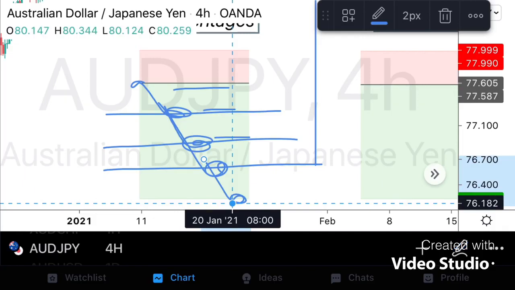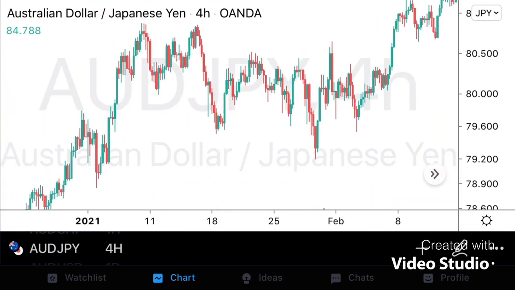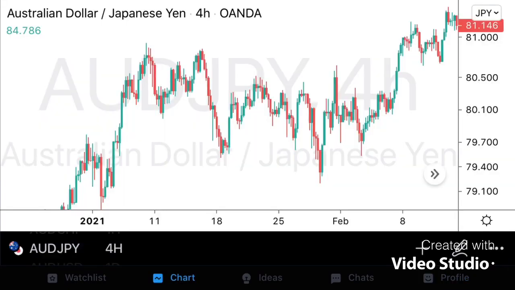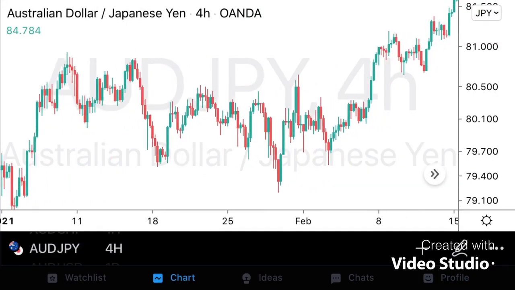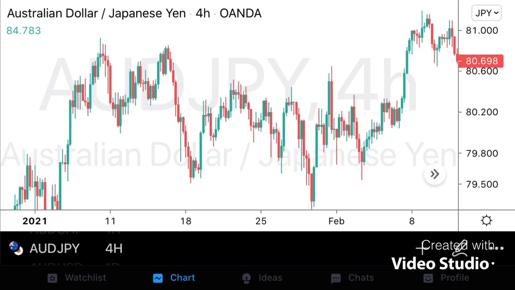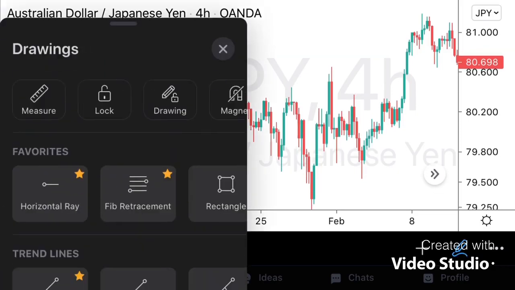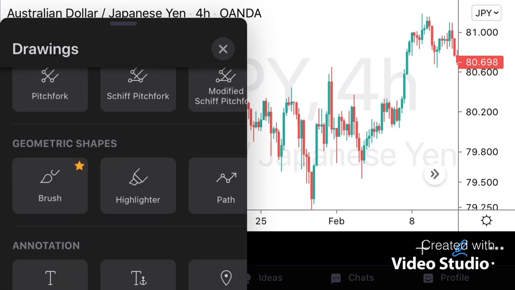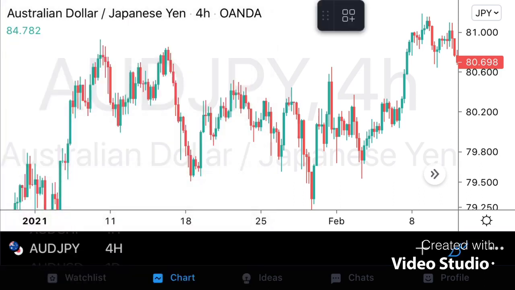Now, where we could most effectively use the percentage method is during consolidating markets. We know that consolidating markets are generally sideways moving markets. And we also know that if we're looking to trail or manage our trade using structure, we'll more often than not get stopped out.